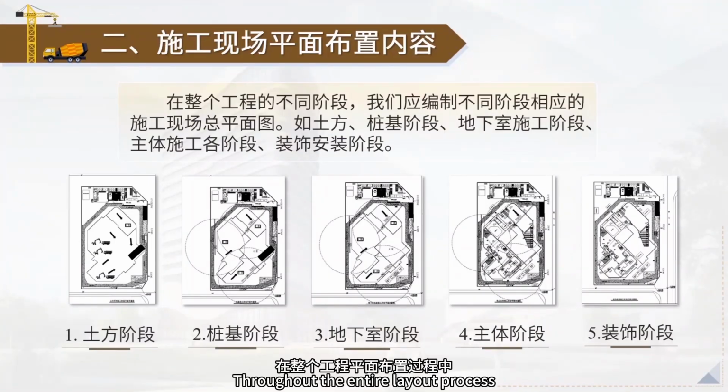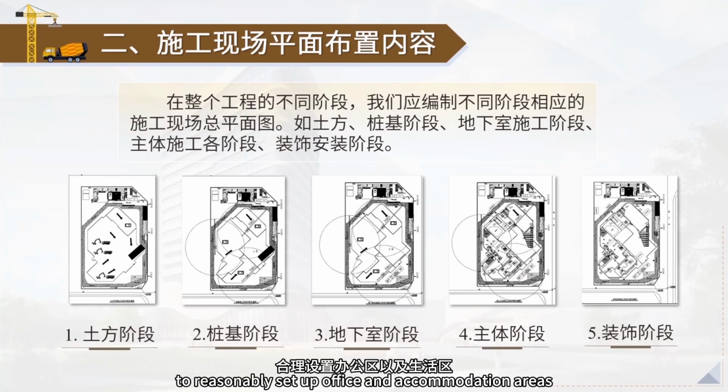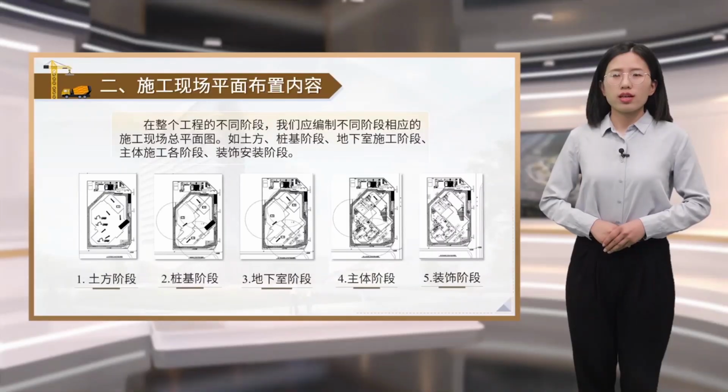Throughout the entire layout process, the actual site construction conditions, the number of project management personnel, and the owner's staffing situation should be comprehensively considered to reasonably set up office and accommodation areas.